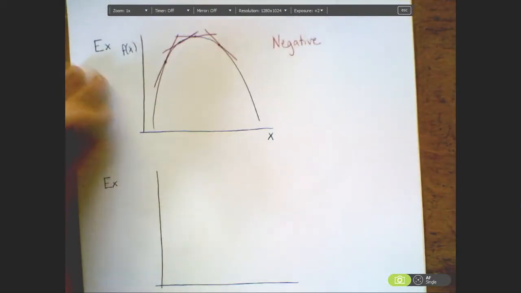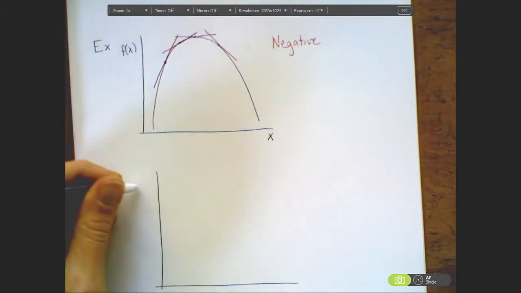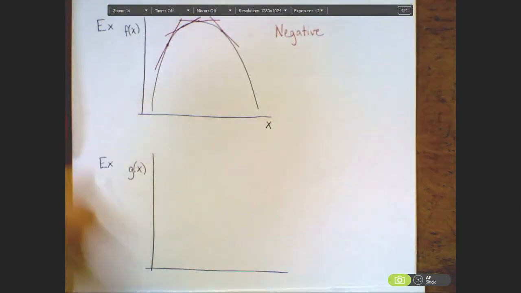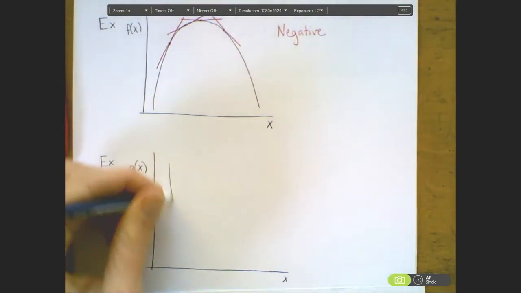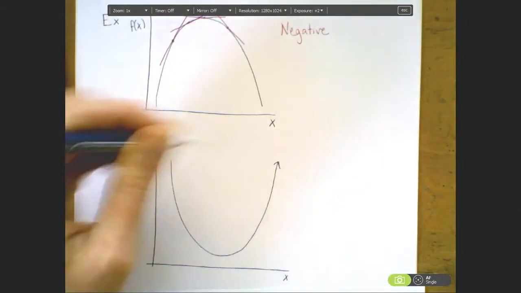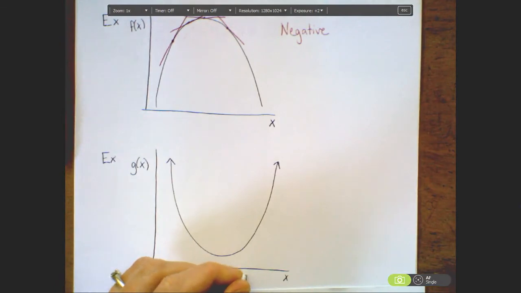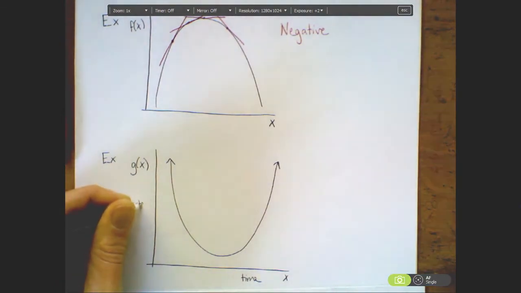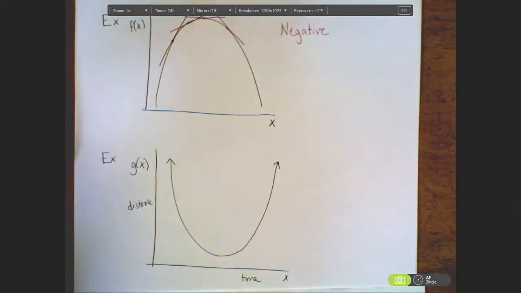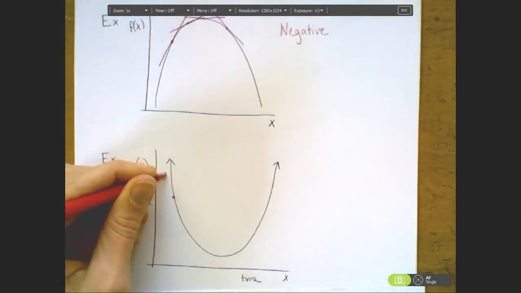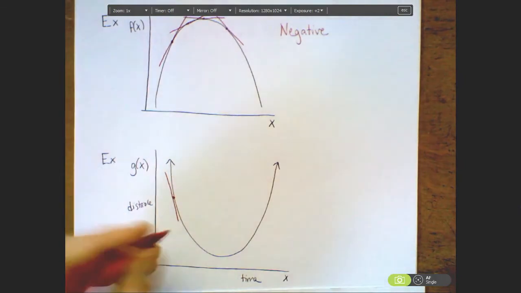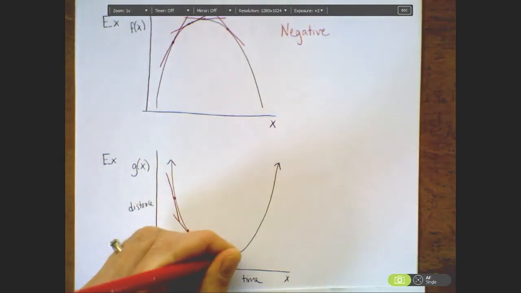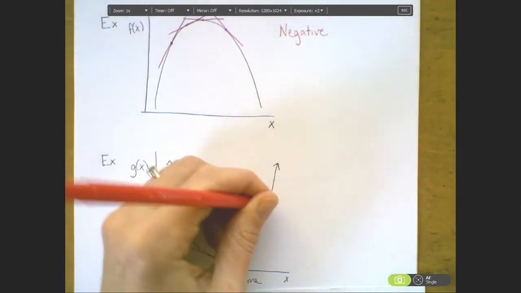Whereas, let's consider a graph in the opposite direction. We'll call this graph g of x. If I'm thinking of this as a time versus distance graph, again, our rate of change is given by the slope of the tangent line, but our second derivative is measuring how the slopes of these tangent lines are changing.